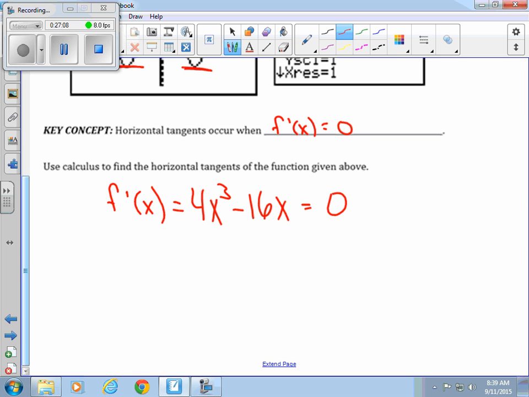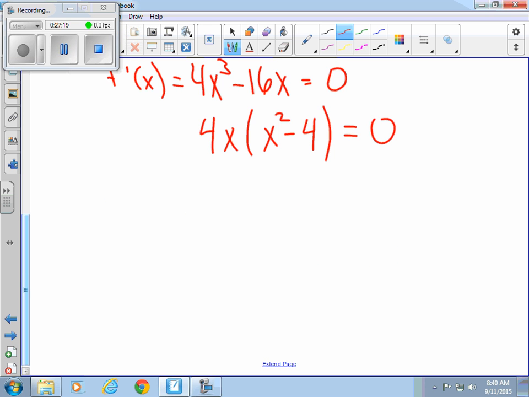Solve that equation. Well, the factoring, what factors out of 4x? So what is x?